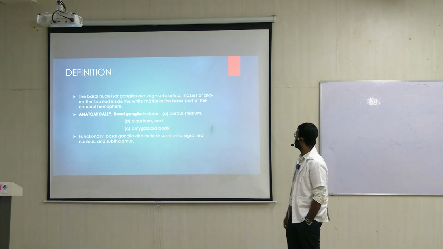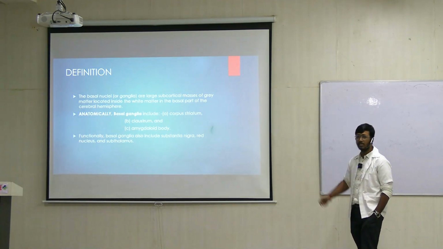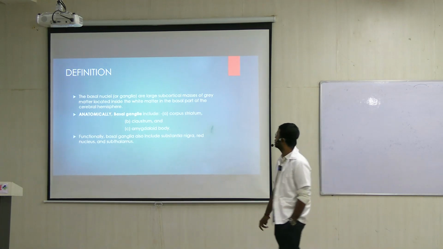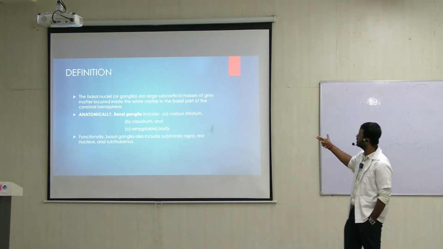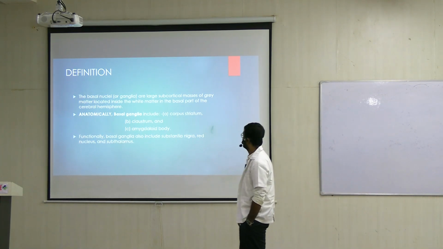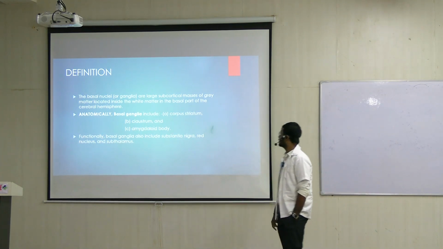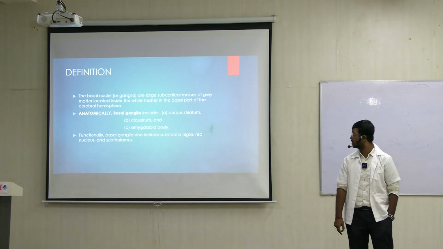So it is a subcortical mass of gray matter located inside the white matter, which is very unusual, right? It is located in the basal part of the cerebral hemisphere.